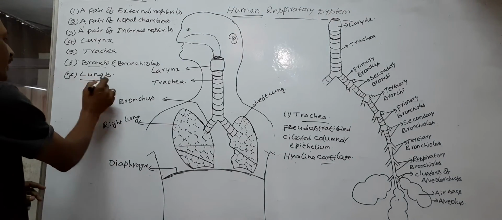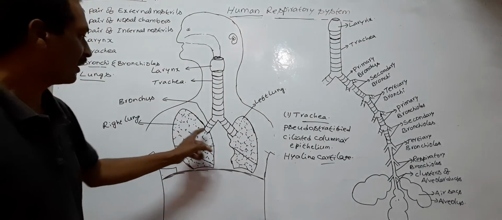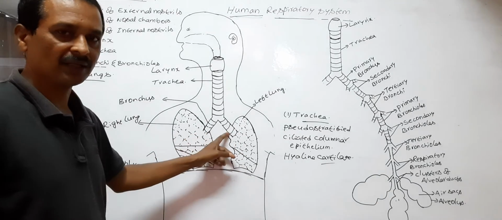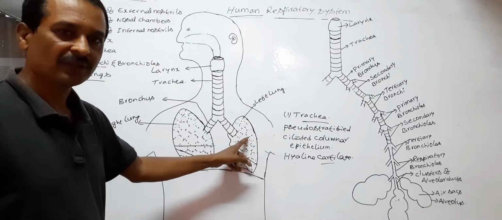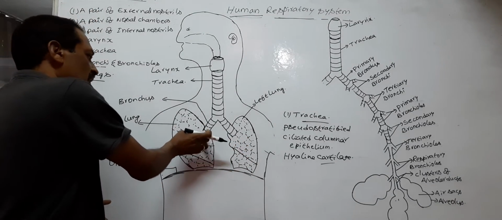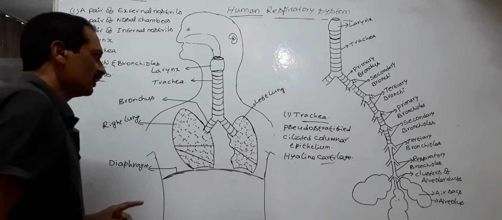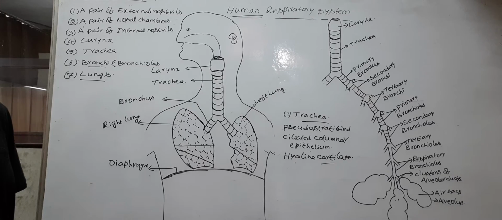Next, the lungs. Human beings possess a pair of lungs. This is the right lung, this is the left lung. The two lungs are enclosed by a double layered peritoneum.